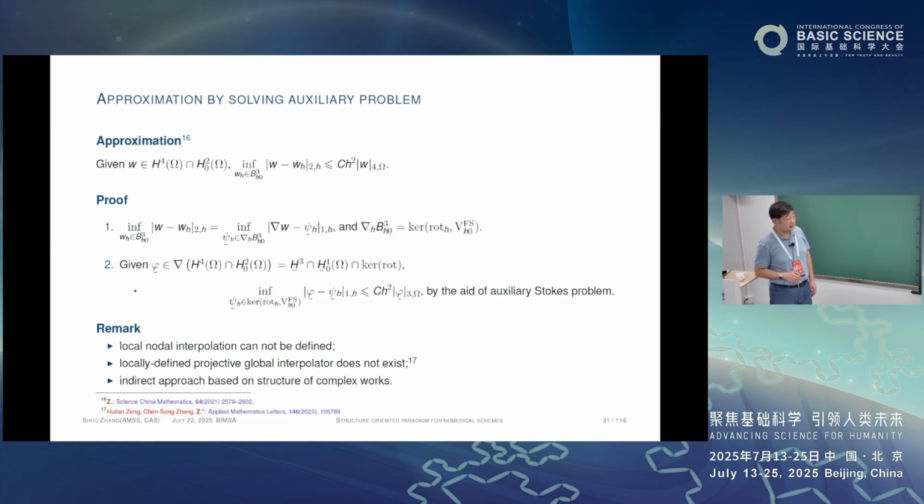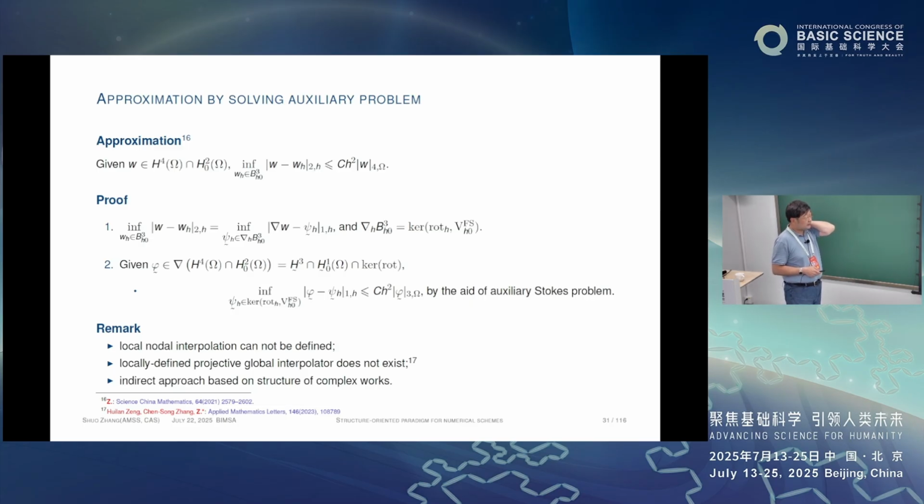Then, if we are concerned with the approximation error, we would like to find the best approximation of W in this space. That is to say, we find the best approximation of gradient W in this gradient B3. Then it is transformed to the space of Fortin-Soulie.